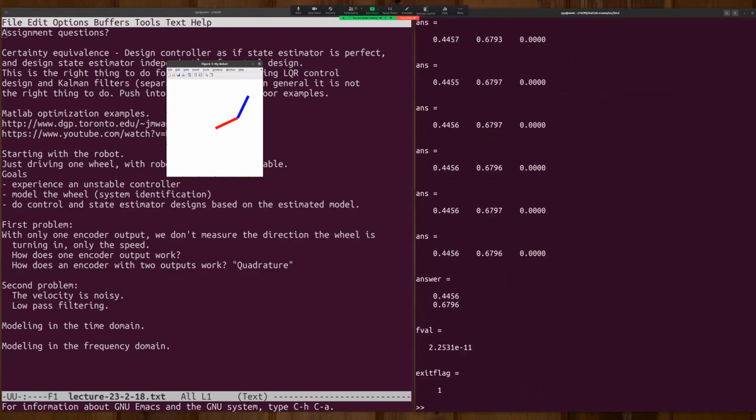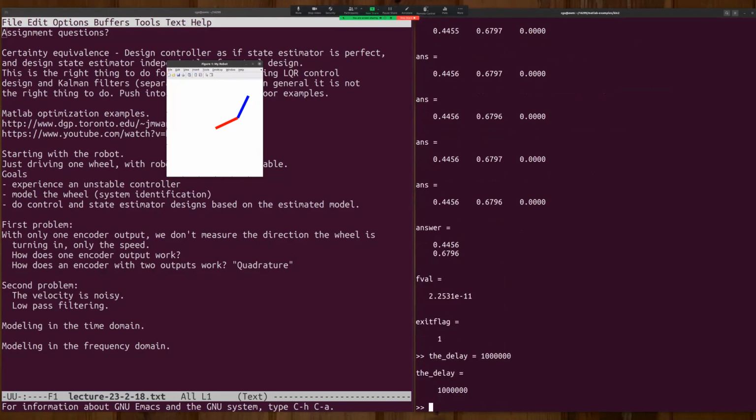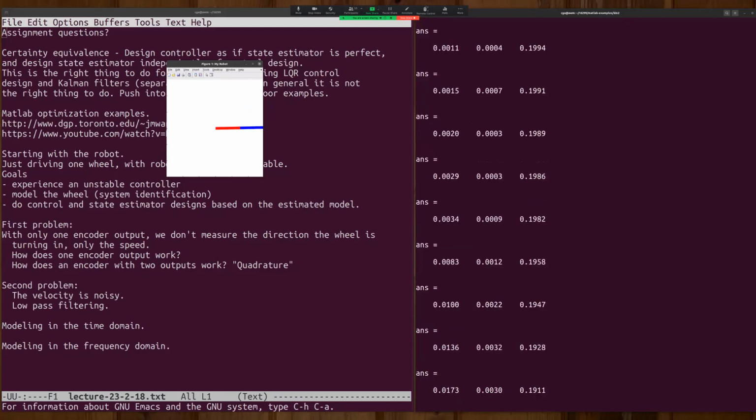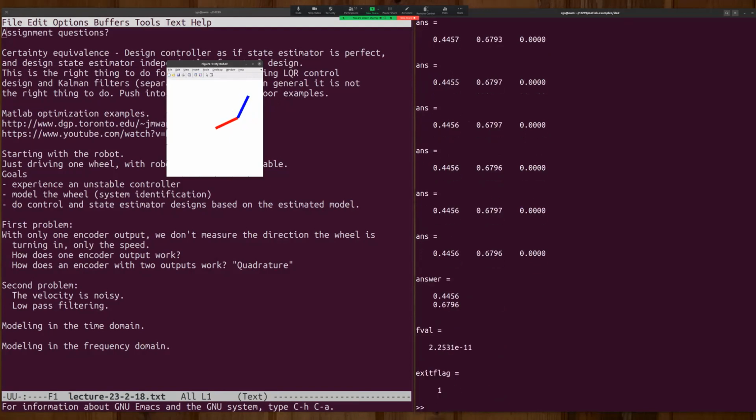And unfortunately, this goes by way too fast. So I put a delay into my code. It's not in the code that I put on the web. And we're going to slow it down. So it gets the shoulder angle right, and then it's improving the elbow angle.